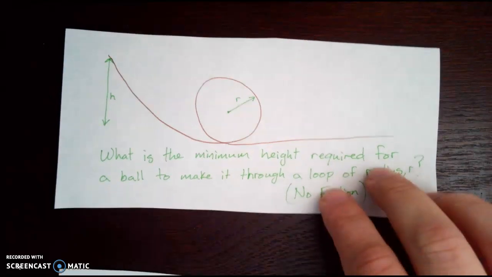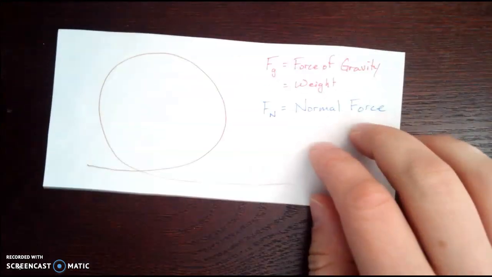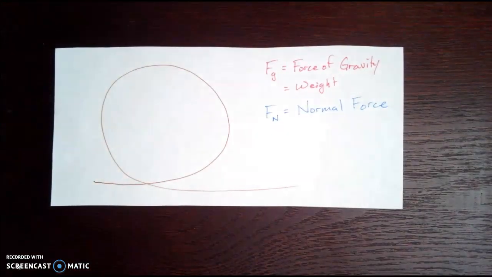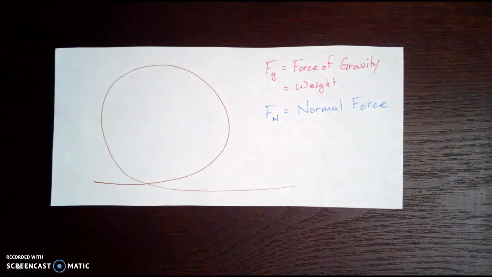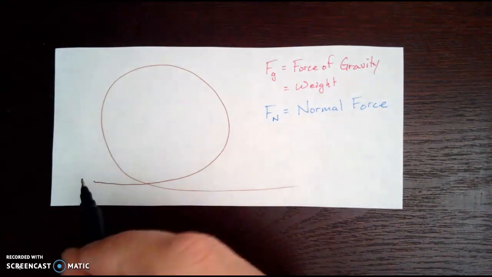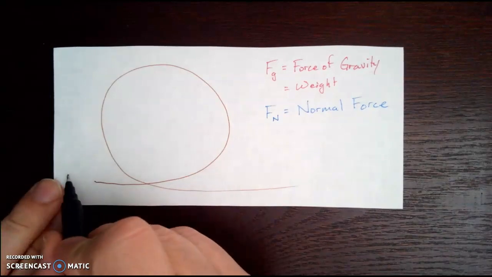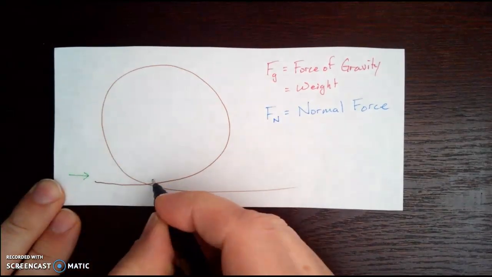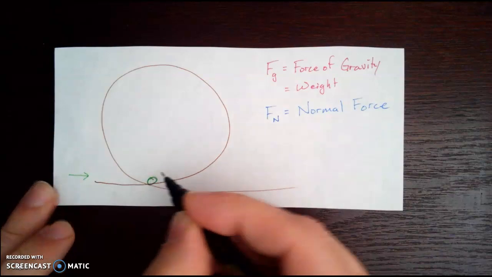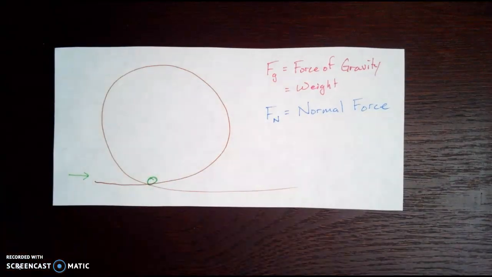So let's start with some free body diagrams. For our situation here, let's look at a couple of different spots. So the ball's going to come in this way, and let's have the ball be right here at the very bottom of our loop.